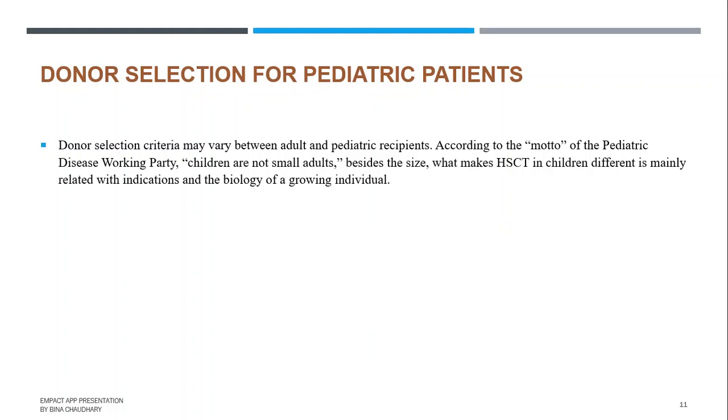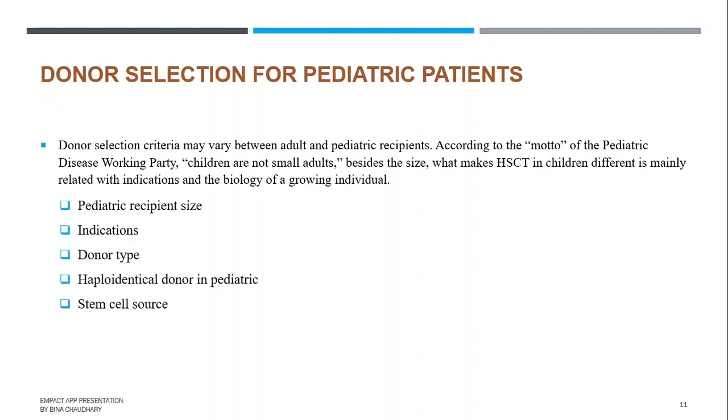According to the motto of the Pediatric Diseases Working Party, children are not small adults. Besides size, what makes hematopoietic stem cell transplantation in children different is mainly related to the indication and the biology of a growing individual. The smaller the recipient, the smaller the absolute cell count required in the graft, which makes the harvest easier.